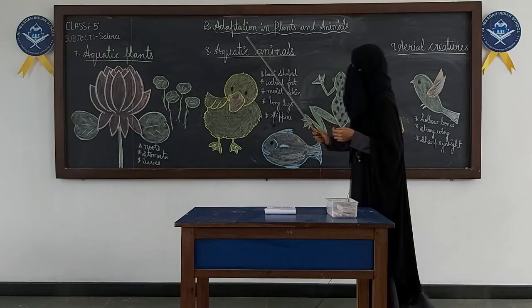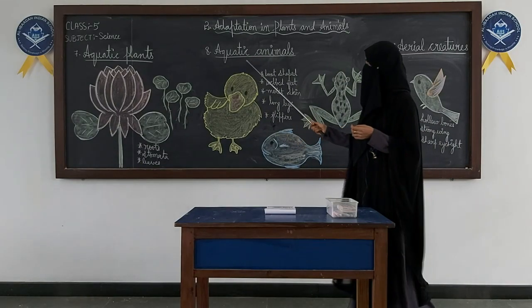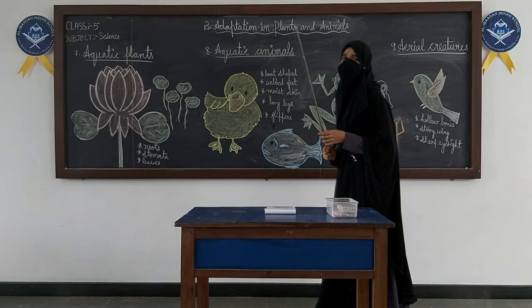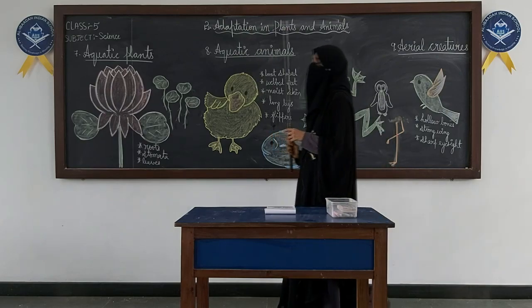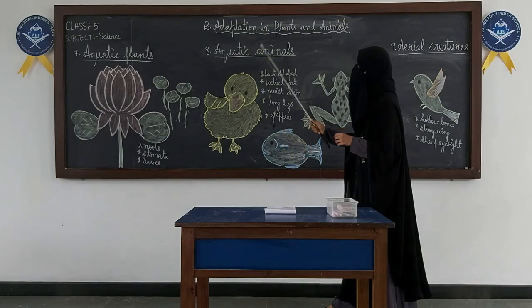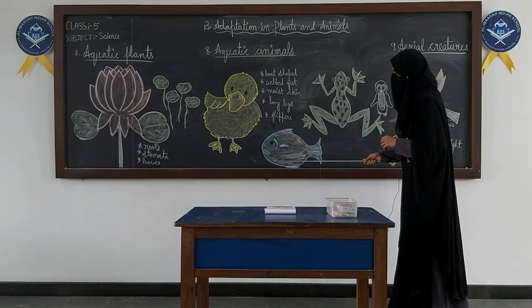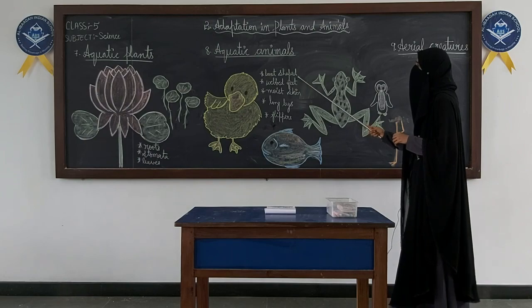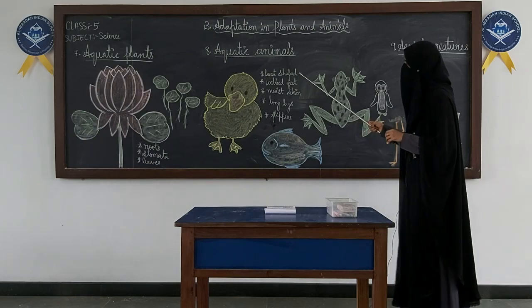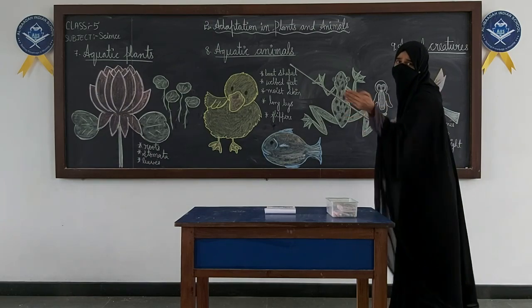Next is aquatic animals. All those animals which live or can survive in water are called aquatic animals. Animals like fish are boat shaped. It helps them to easily swim in water.